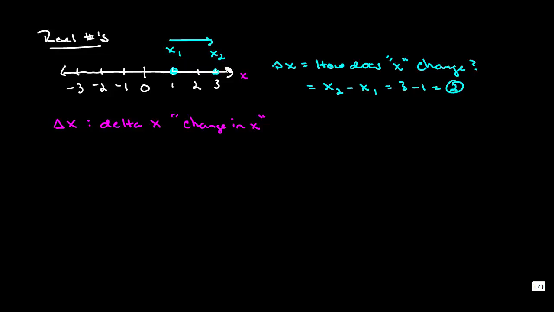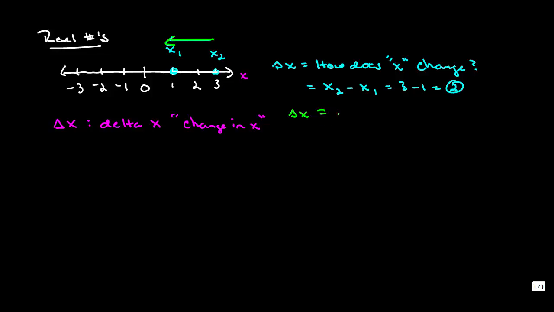Now if I go back the other way, if I reverse directions, let's do that in a different color, in green. Here the green delta x is going from x2 to x1. So of course it has to be negative.